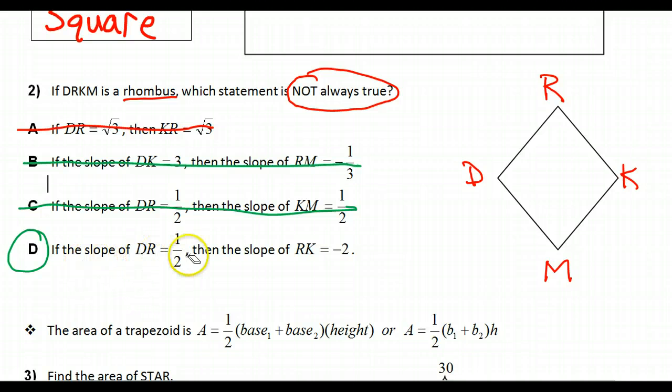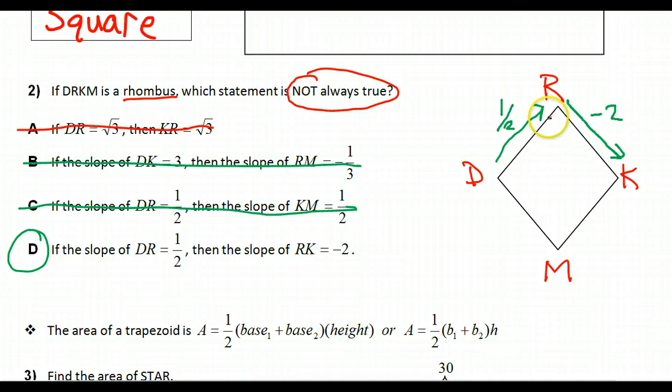If the slope of DR is 1/2, so again DR has slope 1/2, then the slope of RK is -2. So here's RK, and will that slope always be -2? See how these are opposite sign reciprocals?